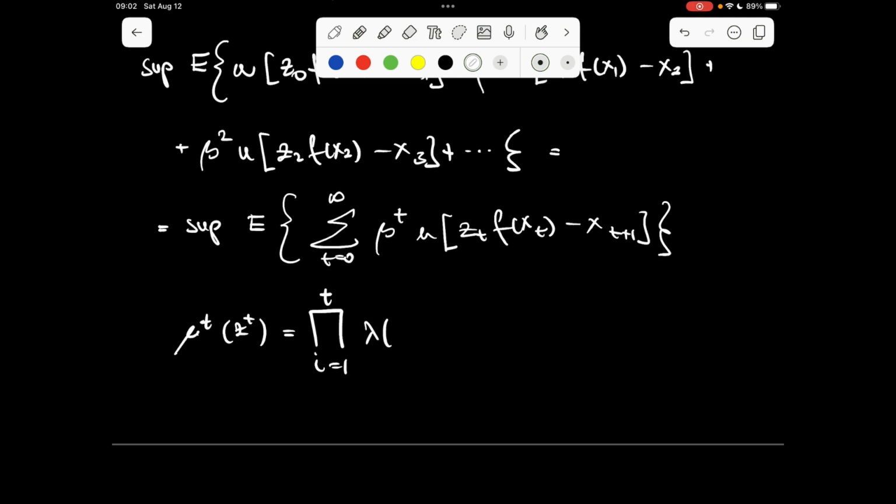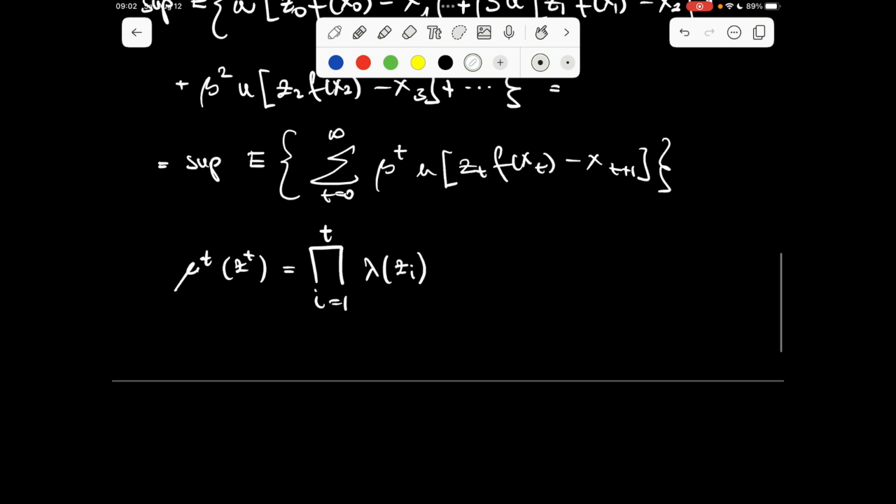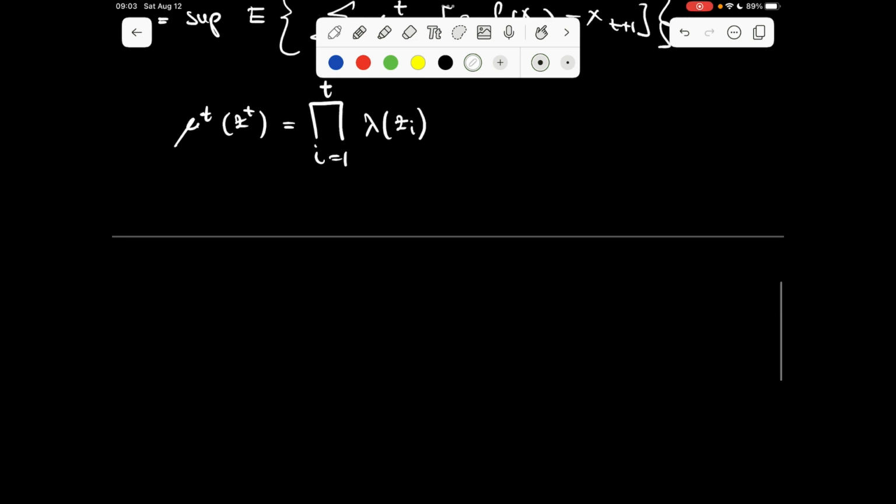This is an easy feat, because the period t shock is completely independent of the previous shocks. So thinking in terms of the value of plans, we will use this infinite sum.